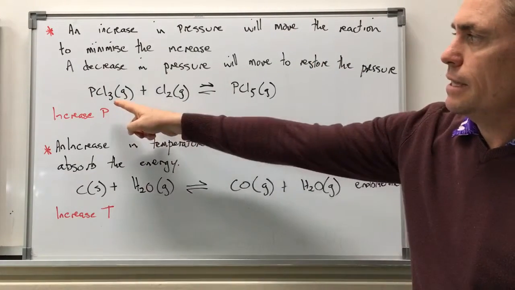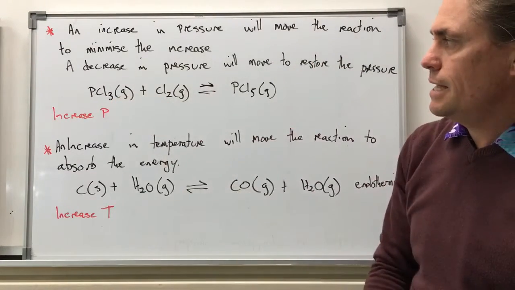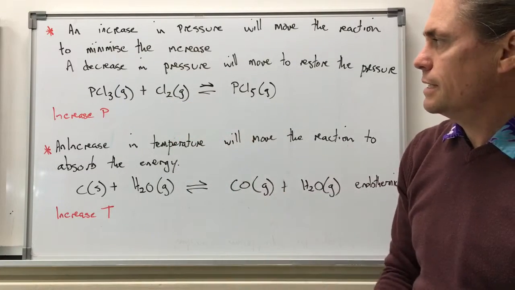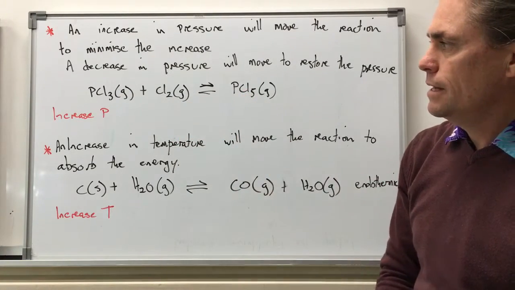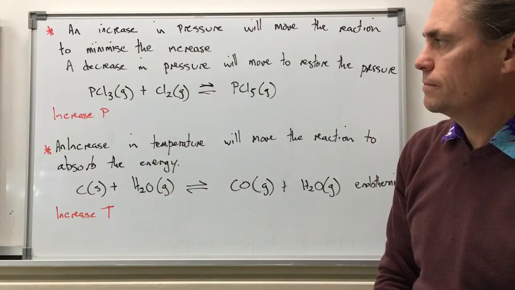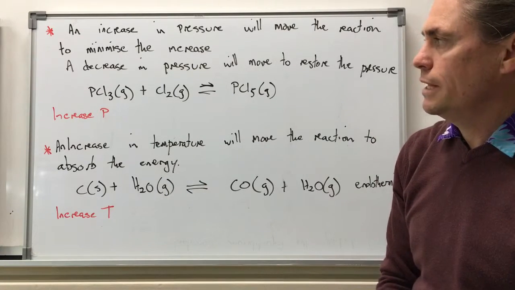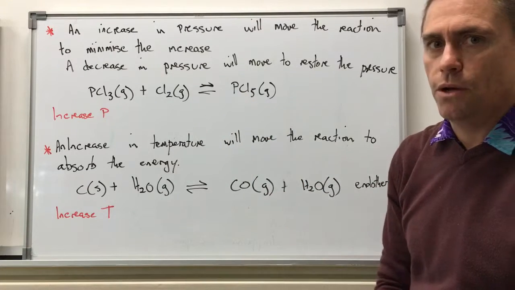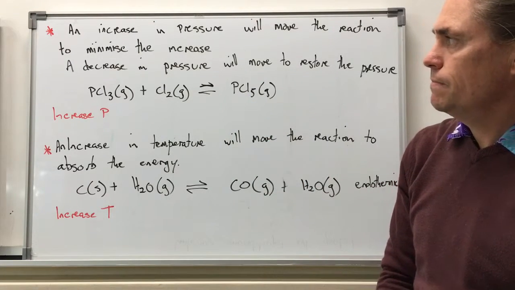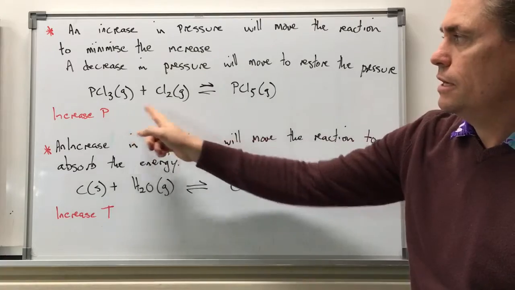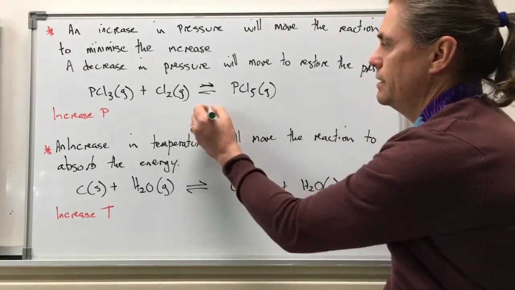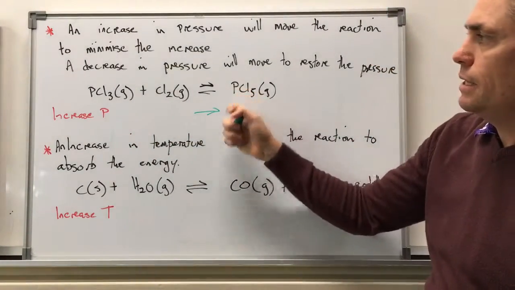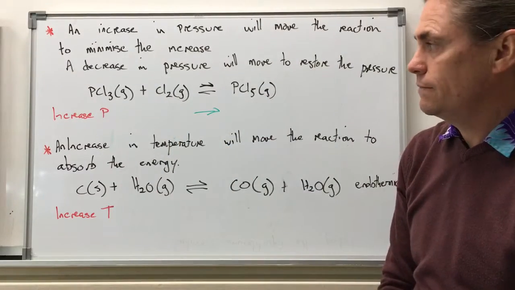So let's take an example. If we've got PCl3 as a gas, we react that with chlorine gas to give us PCl5, and let's say we increase the pressure. Well, if we count the number of moles on the left-hand side, we've got 2, and on the right-hand side, we've got 1 mole. So the system, with this increase in pressure, will move to the right-hand side, because we've only got 1 mole here, whereas we've got 2 on the left-hand side.